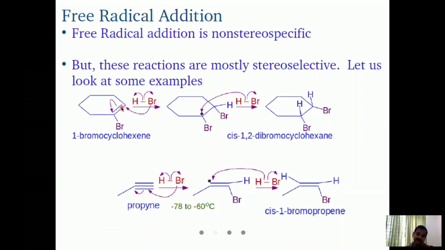So this will react with this and form this product. And if it is simply propyne, the reaction will again be similar. There is formation of a free radical as well as a bond between this hydrogen and bromine, and it will form an intermediate free radical. Then again this will react and form a product.